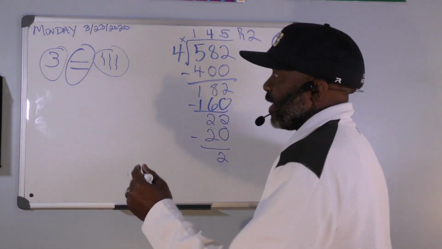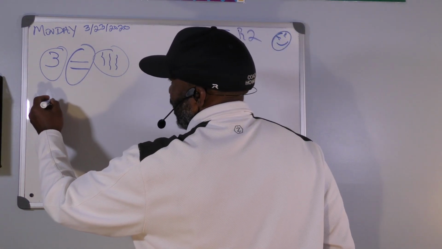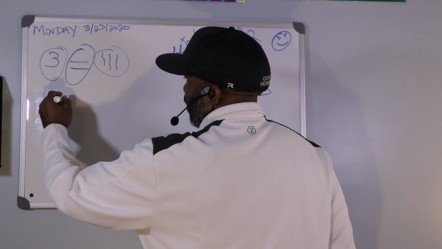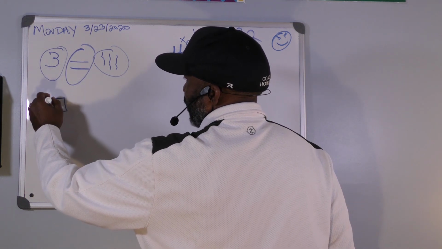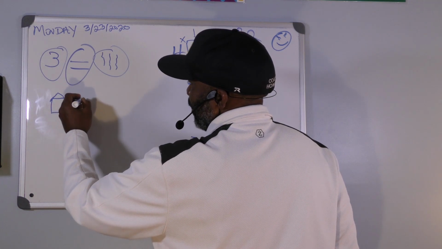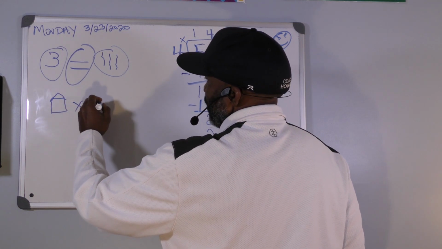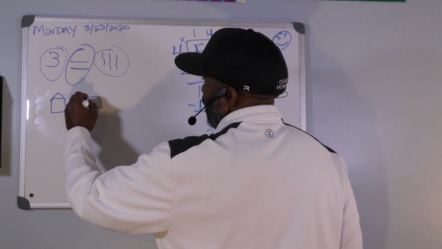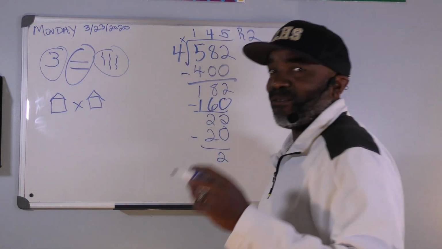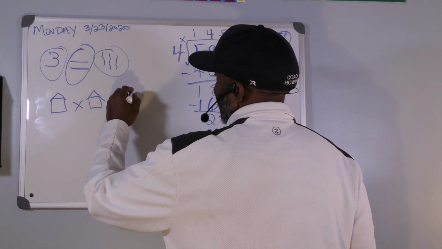A good example, let's just say it's a house times another house. House times another house equals, and we say it equals 9.